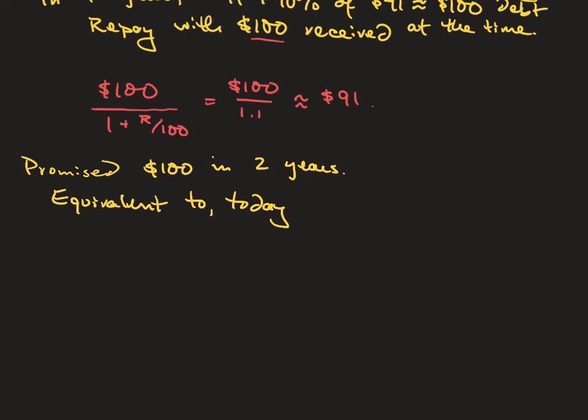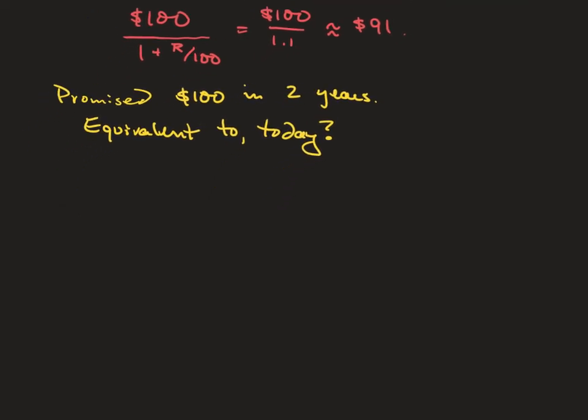In other words, how much consumption today would that allow? To do the math here, the formula that I do is 100 divided by 1 plus R over 100, squared.